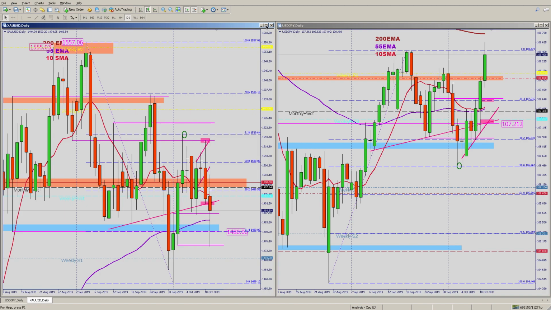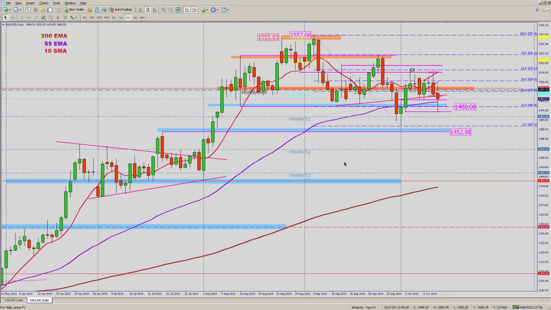Let's take a look at the spot gold, and the key events the last few days have been the US-China trade talks, which will affect both spot gold and dollar yen in opposite directions.